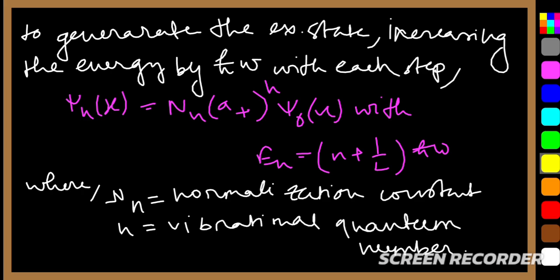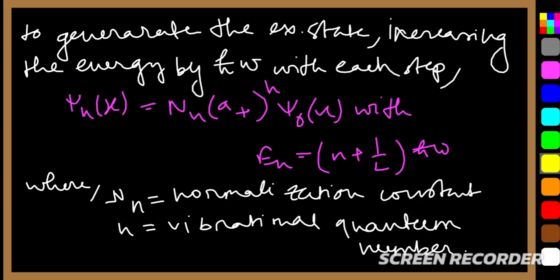When you use the lowering operator repeatedly, the energy goes to a lower value, and after a certain time the energy would be less than 0, which is inapplicable. But when you use the raising operator repeatedly, the energy value increases in each step by ħω, and E less than 0 is never seen.